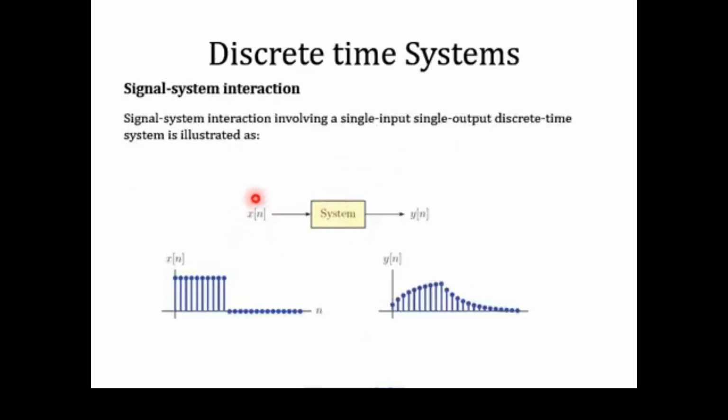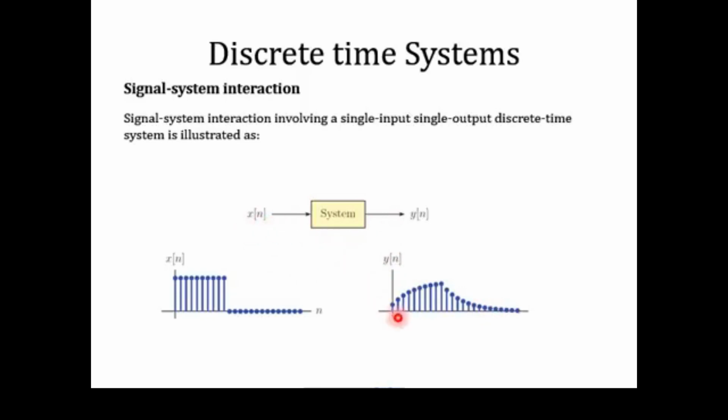Here you can see we have applied x of n on this system, and x of n is representing a discrete input signal or an excitation to this system. And the system will apply required signal processing operations on the given x of n in order to produce another sequence of numbers at the output. So y of n will be considered as the output or the response of this system corresponding to the applied x of n.